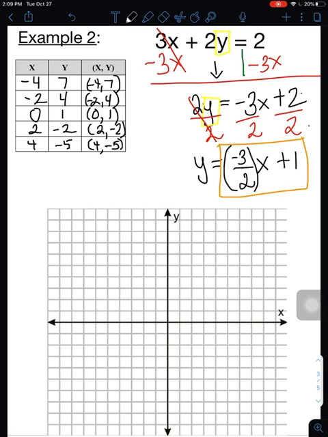Alright, so now we're ready to plot our numbers. Again, it's a good idea to write out your numbers here. For the sake of time, I'm not going to do it for this one, but it is a good idea to do that. So I'm going to say negative 4, 7.